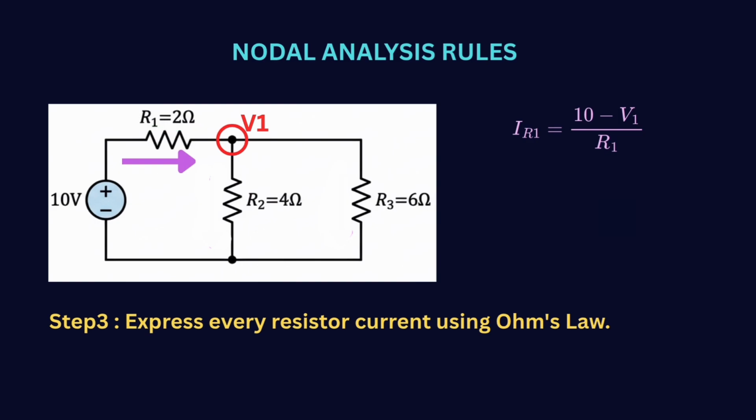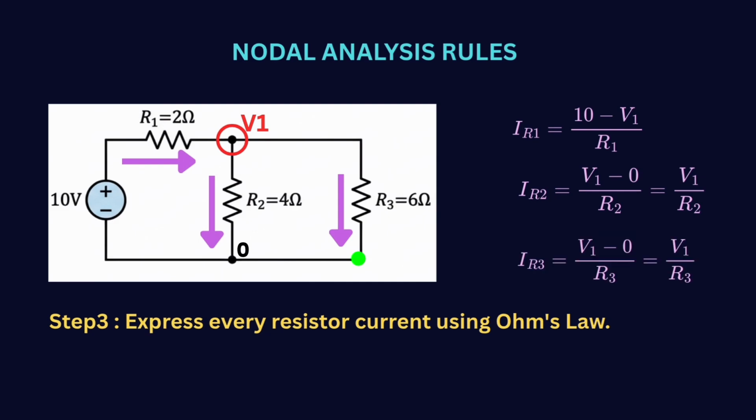Next, if you consider the current through the resistor R2, since one terminal of the resistor R2 is grounded, we have the voltage across it given as V1 minus 0, and the current is V1 by R2. And next we have resistor R3. The voltage across it is again V1 because one of its terminals is grounded.